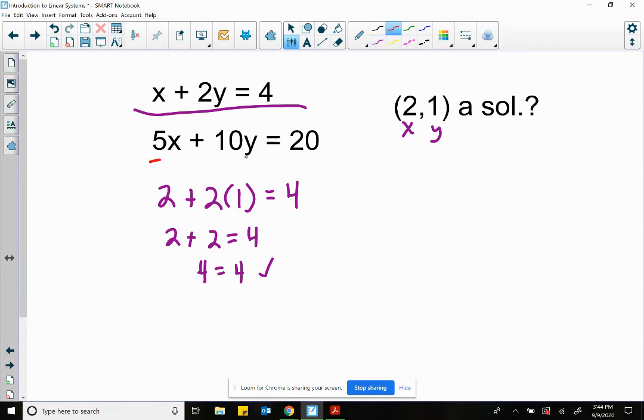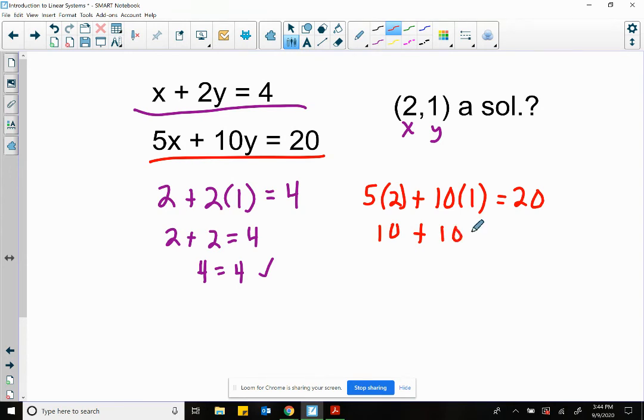Well, all we have to do now is check the other one. You have to check both of them. So we've got 5(, I see x, so that's 2), plus 10(, I see y, so that's 1), equals 20. Do some PEMDAS. 5 times 2 is 10, plus 10 times 1 is 10.